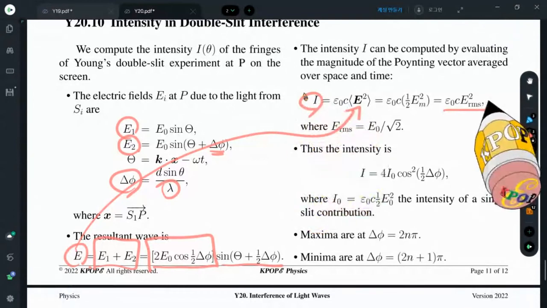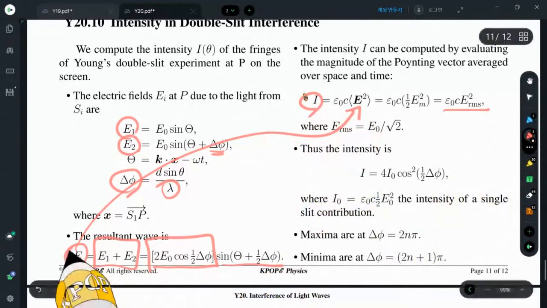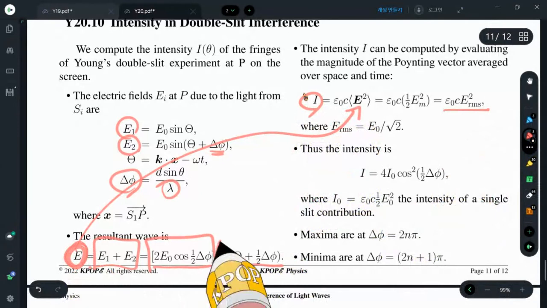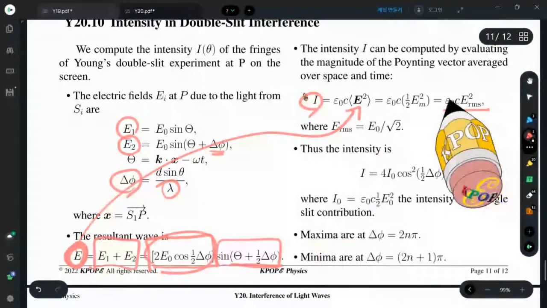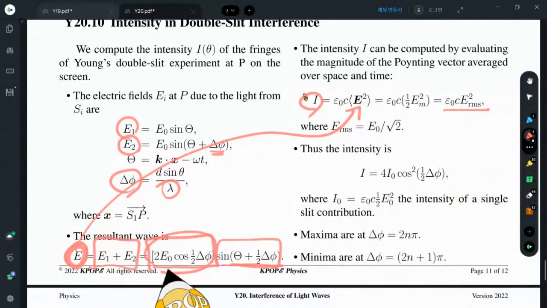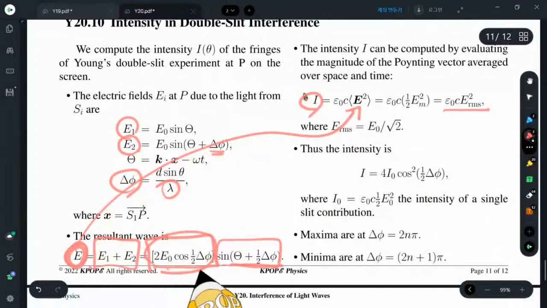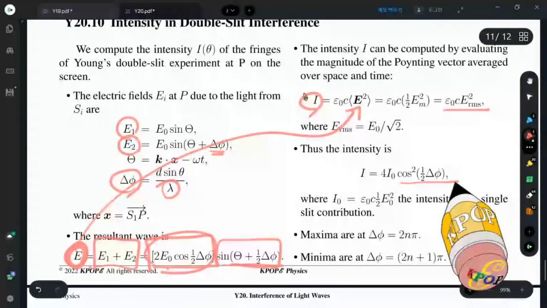This intensity comes from the original electric field that depends on the sine of half of phi, and the brightness should be proportional to the amplitude squared. So we have cosine squared of half of delta.